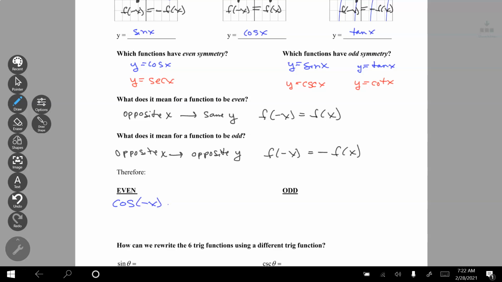cosine of negative x is going to be the same as cosine of positive x because it's even, and secant of negative x is going to be secant of positive x because it's even.